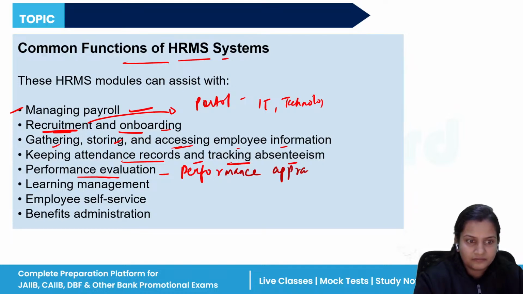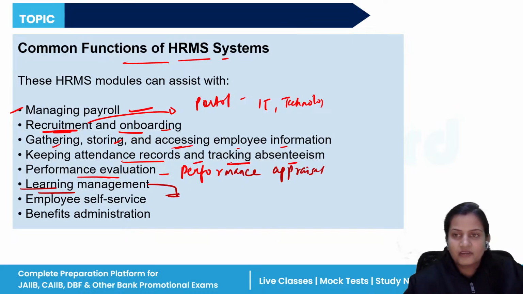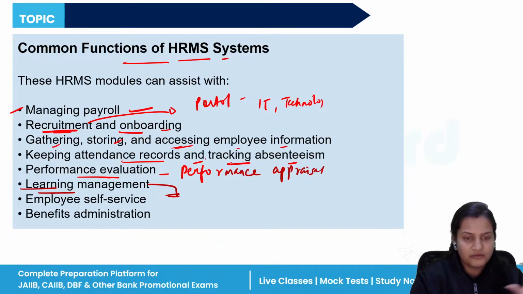Performance appraisal. Then learning management. See how learning management works, because we learn from various different things. We learn from our experiences, we learn from our elders, we learn from our hard work. From different fields we learn everything, so it is also a process of gathering information.